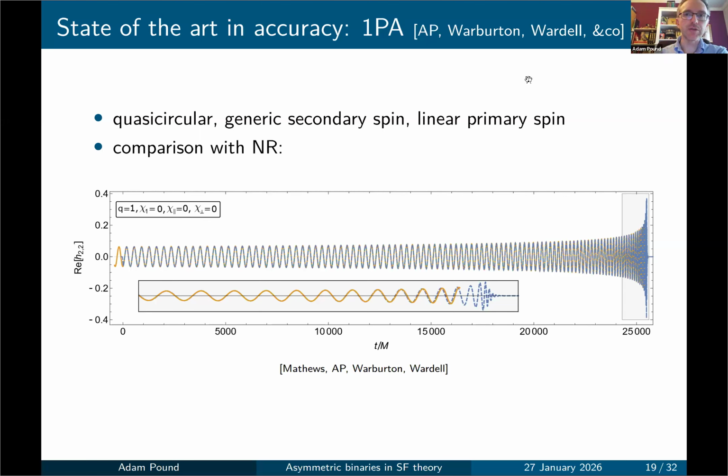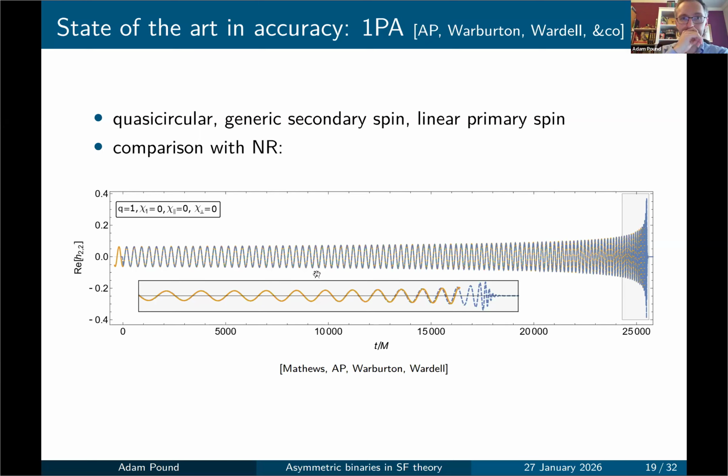This is work I've been doing with my collaborators Barry Wardell and Niels Warburton for a long, long time, since about 2011. This is the state of the art of what we've got: quasi-circular with a generic secondary spin. The smaller object can have a spin in any direction with any magnitude, as long as it's not exceeding the Kerr limit of how rapidly a black hole can spin. But we restrict the spin on the primary black hole to be very small, so we're doing a linear approximation in the primary spin.